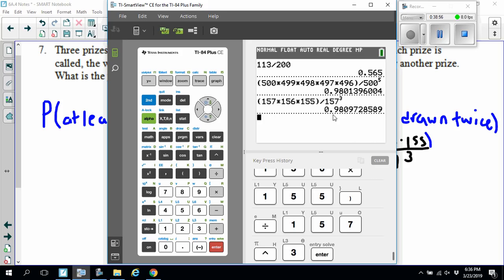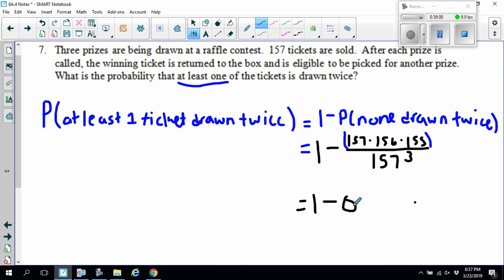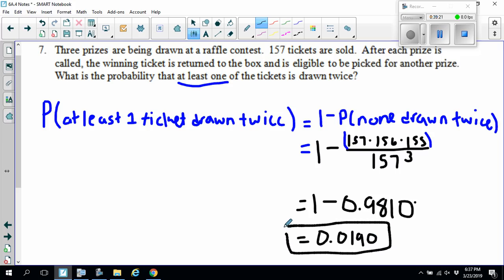We'll just round up a little bit there, 0.9810. And then when we subtract that, the probability that at least 1 ticket is drawn twice is going to be 0.0190, which once again is a low probability. That's just because you have so many options.